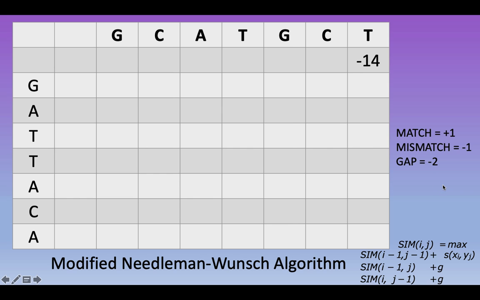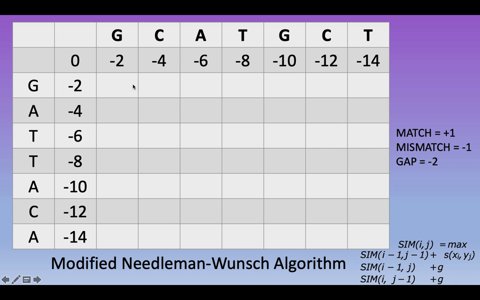The first thing we always do is fill out the first row and the first column of this matrix with the gap penalties, right?